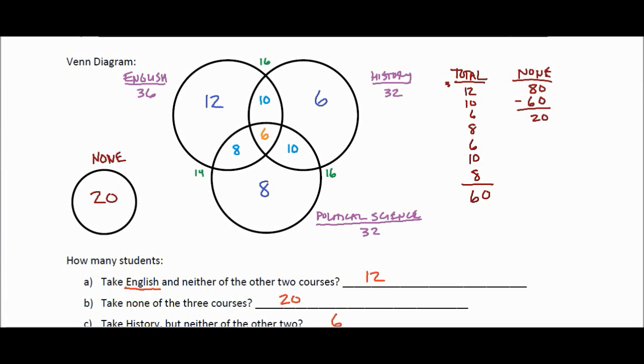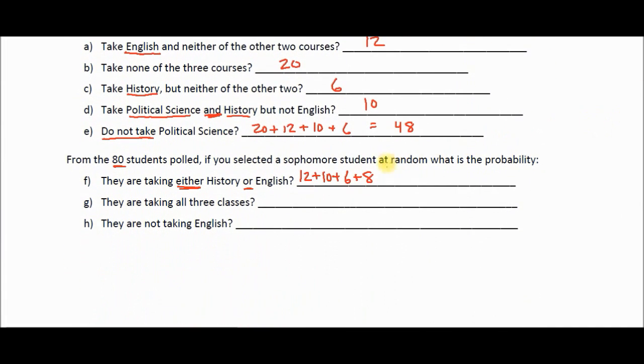So we also got 6 and 10. If we add those up, I'm guessing we end up with 52. That's what I wrote down. Let's check it. This is 22, 28, 36, 42, 52. Yes, 52 students are taking either one of those. That means your probability is going to be 52 over 80. And that's going to be 0.65 or 65%.